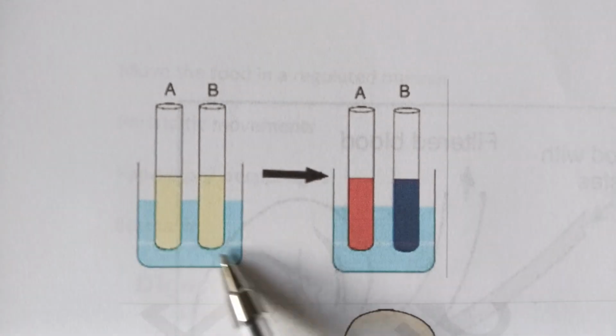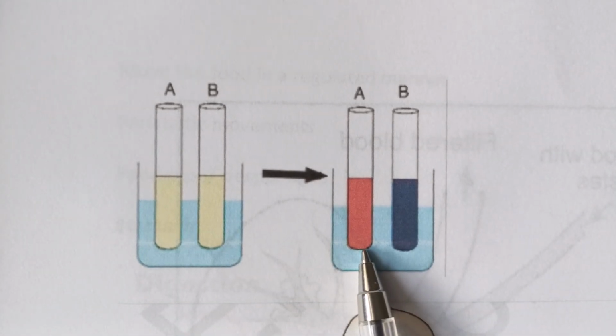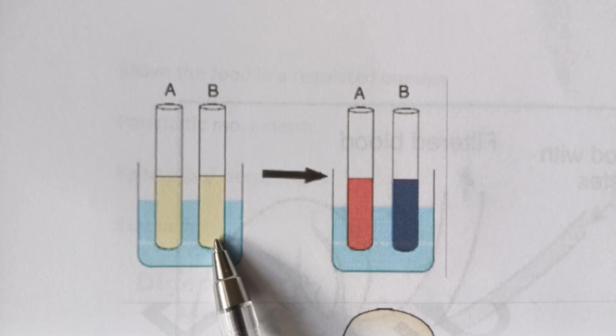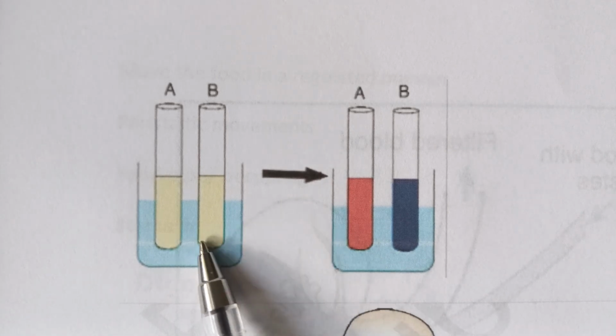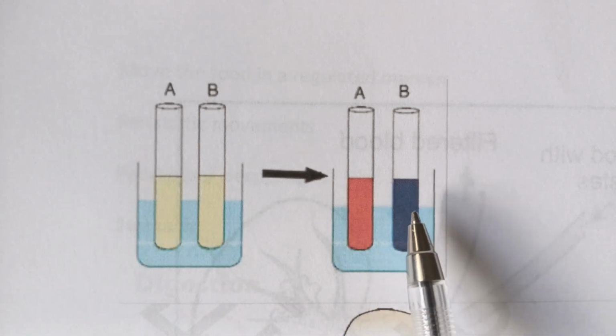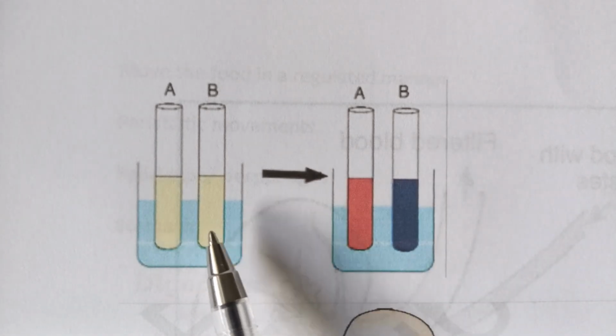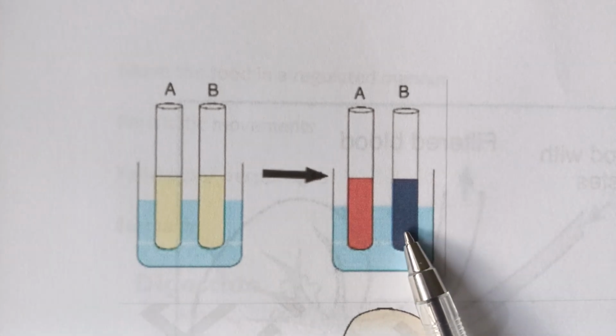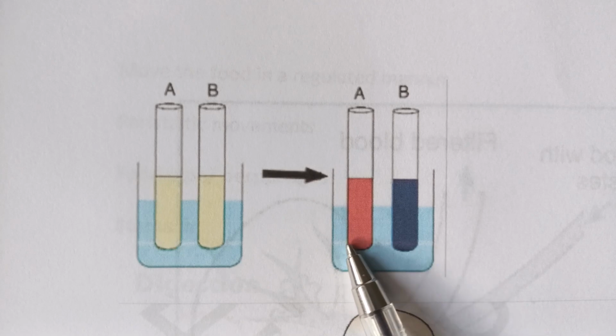As you can see, the one with saliva and starch turns reddish, but the one with only starch, you remember from your previous activities, turns bluish when you add iodine to the starch solution or a starch-containing leaf. So why is there no starch reaction here?